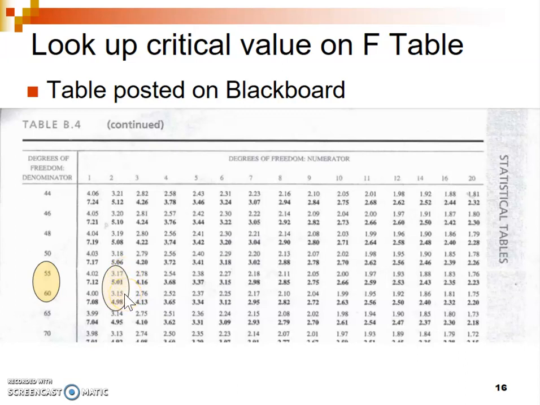The bigger number is always going to be associated with the smaller degrees of freedom. However you want to remember that is up to you, but we're going to take the bigger number, and again we're only looking at the unbolded values because we had an alpha level of 0.05. So we're going to take the bigger number of the two, which was 3.17. That is going to be our F critical value that we're going to use in step 2 of our hypothesis test. So our F critical value is going to be 3.17.